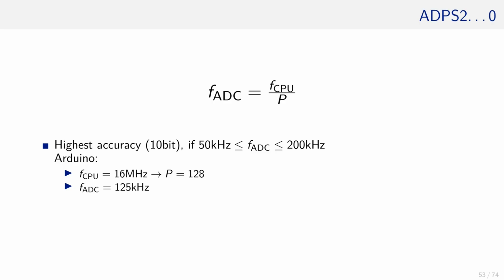The ADC needs a slower clock between 50 and 200 kHz to ensure the highest accuracy. Therefore, in the Arduino setting, the prescaler is always set to its maximum of 128 to achieve a clock rate of 16 MHz divided by 128 equals 125 kHz.